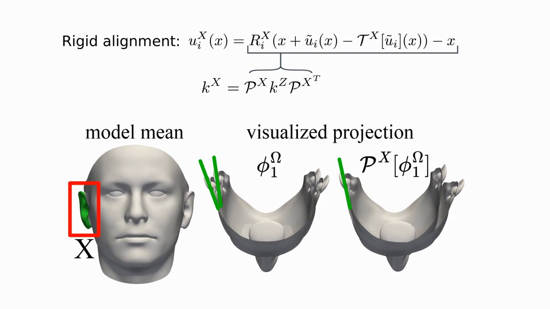The common rigid alignment is summarized into a projection operator, which can be built directly into a linear shape model. As such, our projection imitates target-specific models. The bottom shows the effects of such a projection operator.